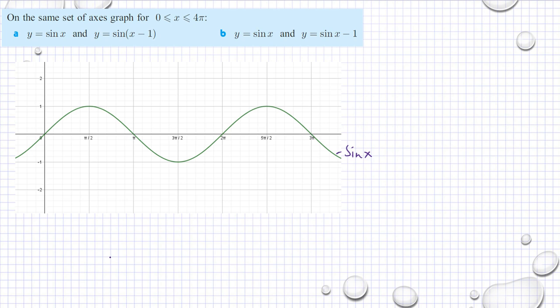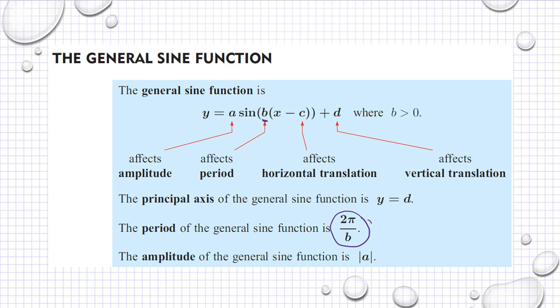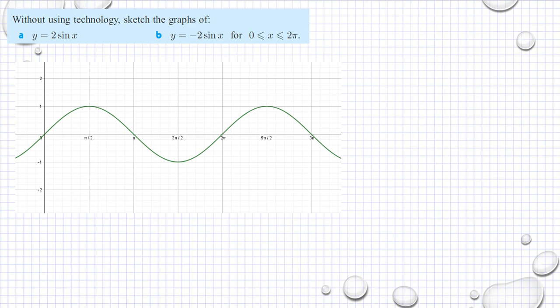sine of x minus 1, what does minus 1 do there? We have c there. It affects horizontal translations. When c is greater than 0, then we move to the right. So if we're going to look here now, that is not the one.